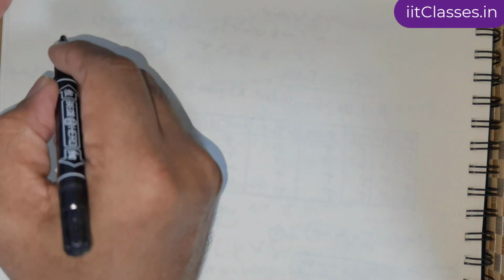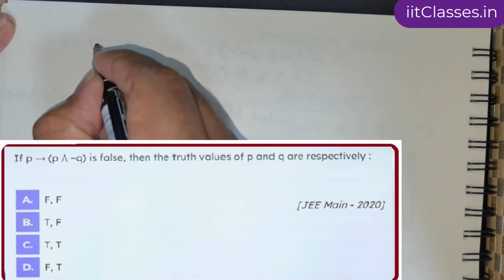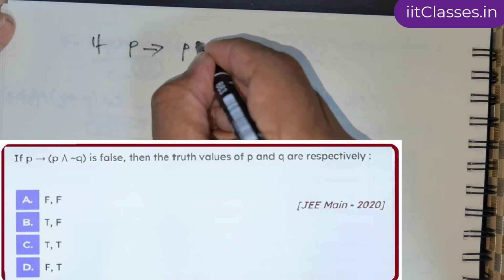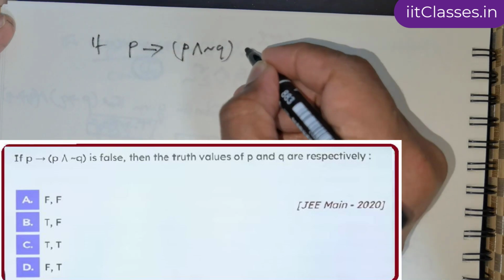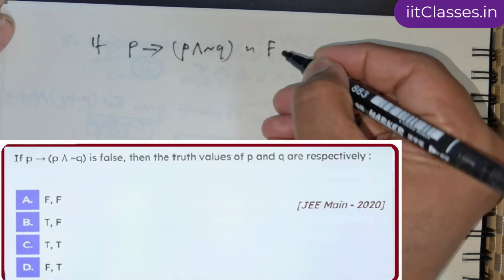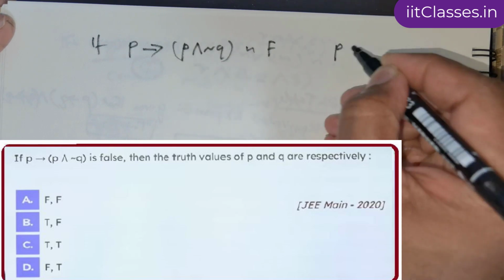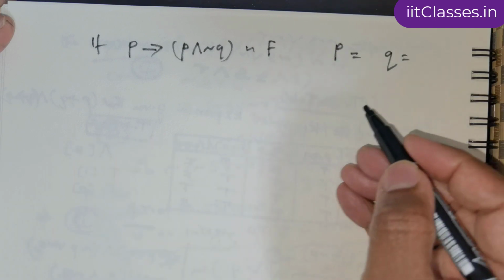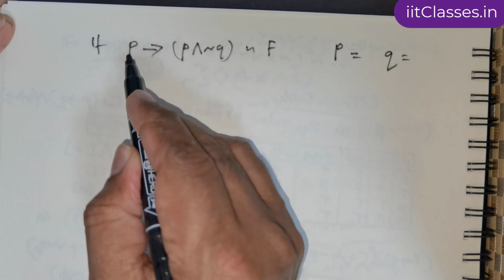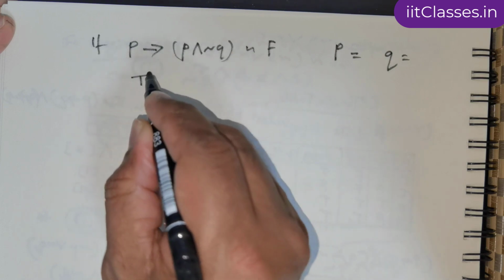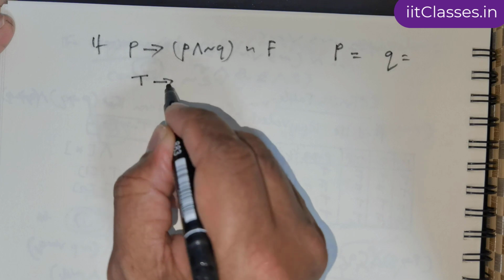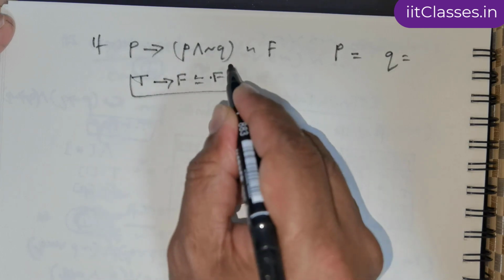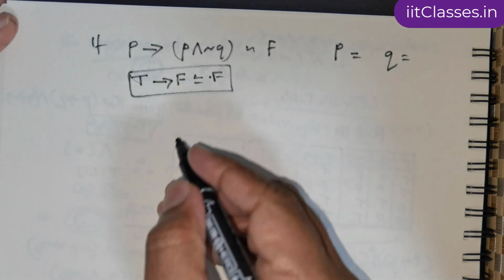Let's do this question, students. We've been given that if P conditional P conjunction negation of Q is false, then we are expected to find the truth values of P and Q. This is possible only if P is T leading on to F, which would produce an F, because this is the formula that I have already given to you.